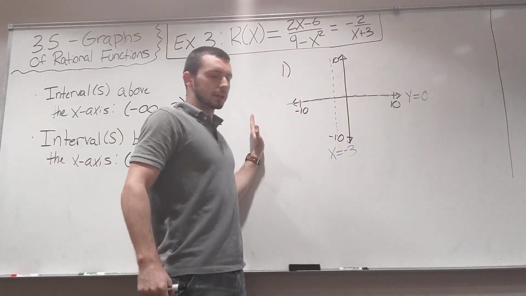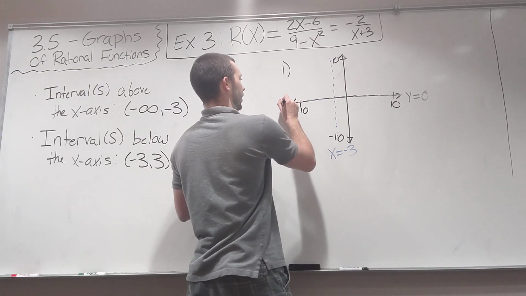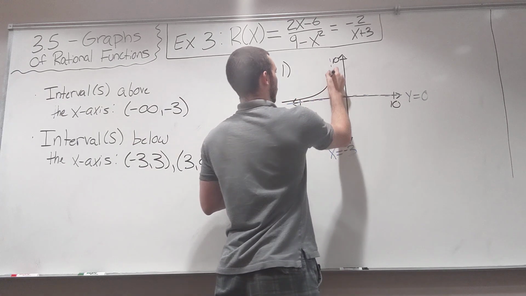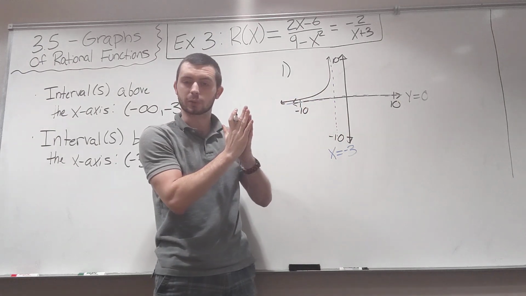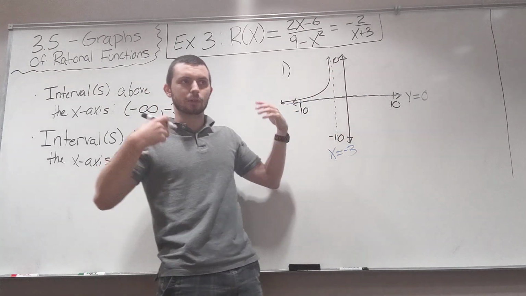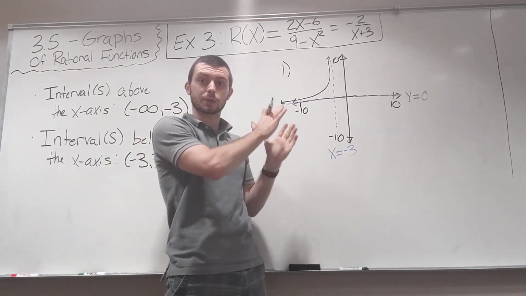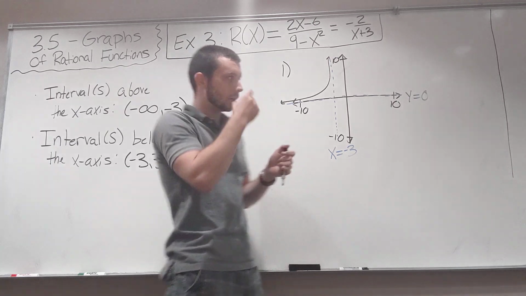So from -infinity all the way to -3, this will all be above the x-axis. And again, these graphs generally converge or get really, really close to these asymptotes. So I have a pretty good understanding of how to sketch everything using the asymptotes as sort of a guide.